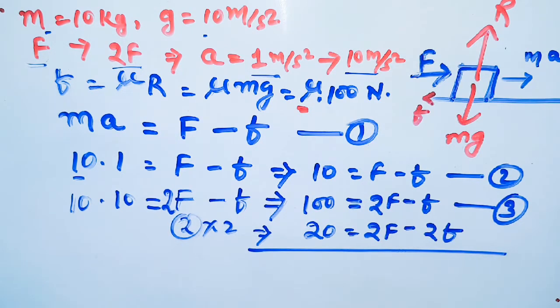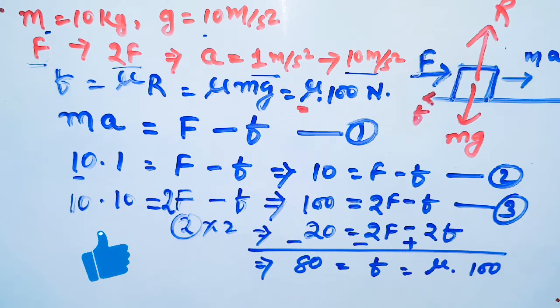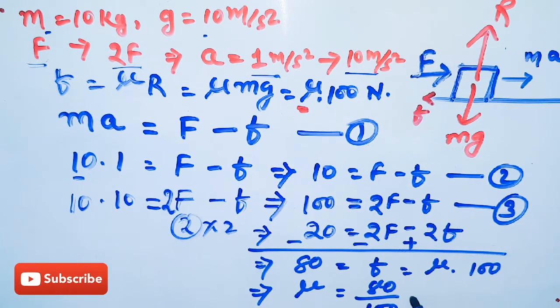When we subtract it from equation number 3, minus plus, then we'll get 80 equals f, which equals mu into 100. This implies mu is equal to 80 by 100, which is equal to 0.8, the coefficient of friction of the surface.